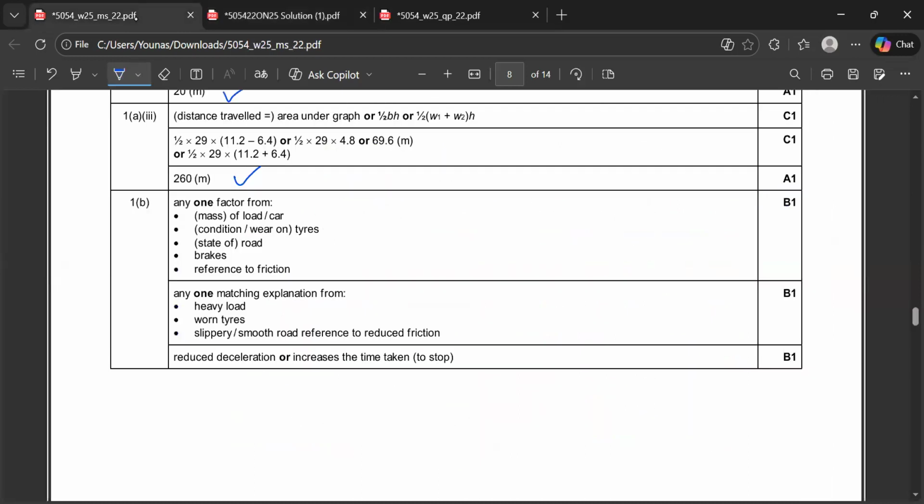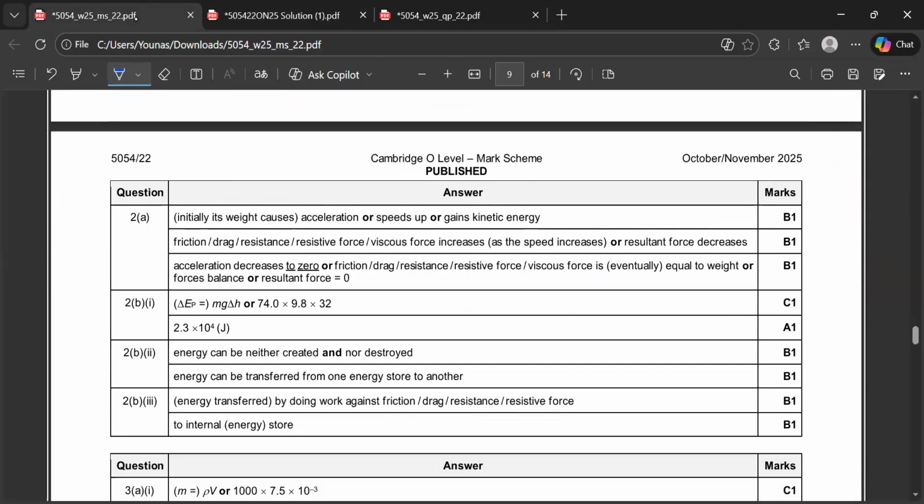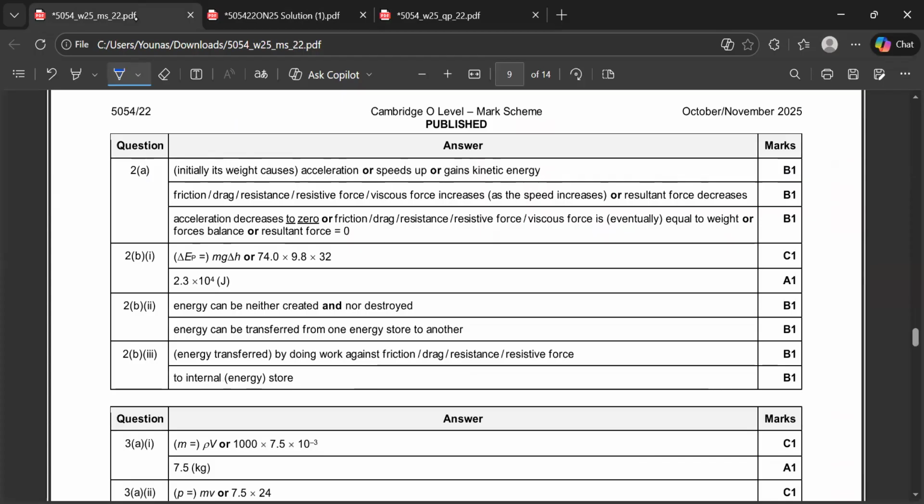As the speed of the container increased, the drag force increased, and that's why the drag force became equal to the weight. Initially, its weight causes acceleration, or speeds up, or gains kinetic energy. Friction, drag, resistive force, viscous force increases as the speed increases, or the resultant force decreases. Acceleration decreases to zero.